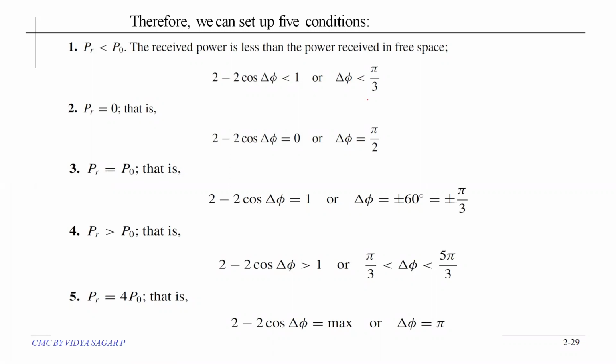You can find the phase difference from delta phi is equal to 4 pi h1' h2' by lambda d, right?